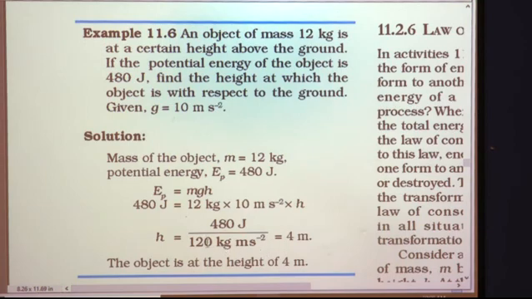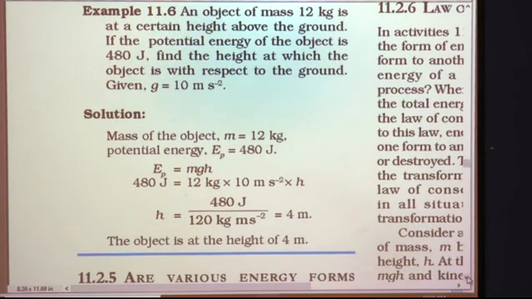Here you can do it very easily. 0, 0 cancelled, 12 ones are 12, 12 fours are 48. So you will get h value as 4 meter. The height of the object is 4 meter. It is a very easy formula; as per the requirement you have to rearrange the formula and find the required value.